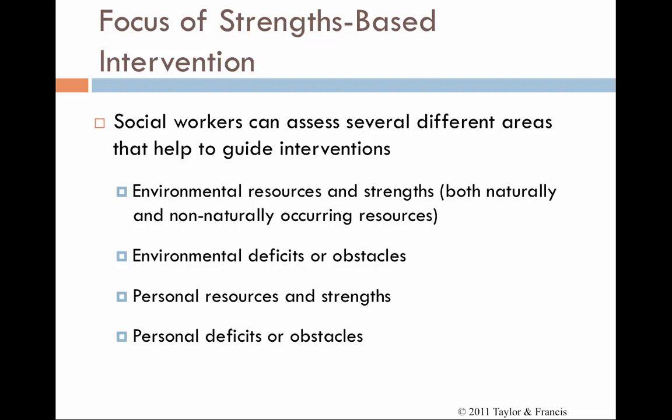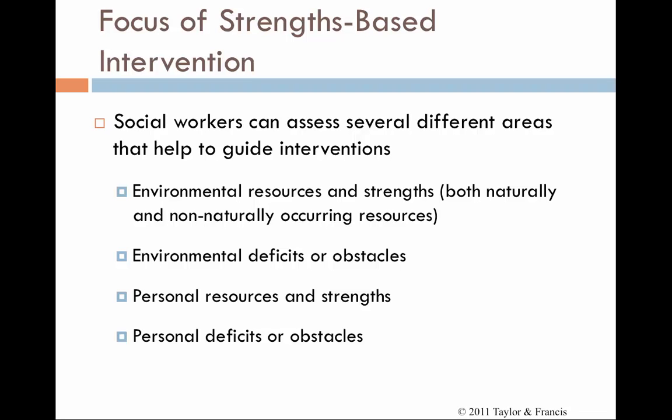To get a focus of strengths-based intervention, social workers can assess several different areas that help to guide interventions. They can assess environmental resources and strengths, both naturally and non-naturally occurring resources.